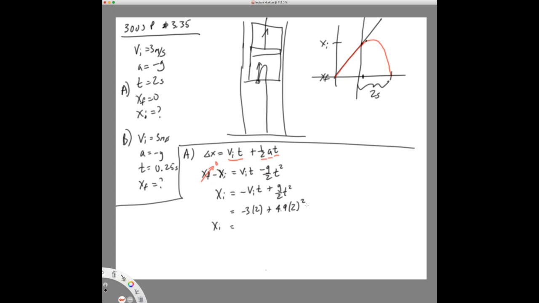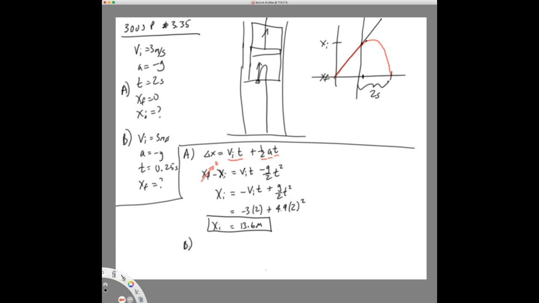That's 19.6 minus 6, so 13.6 meters. Okay, so that is the initial height, and that's part A. I would ask if there are any questions at this time, but since you're viewing it from home without being live, I won't ask.